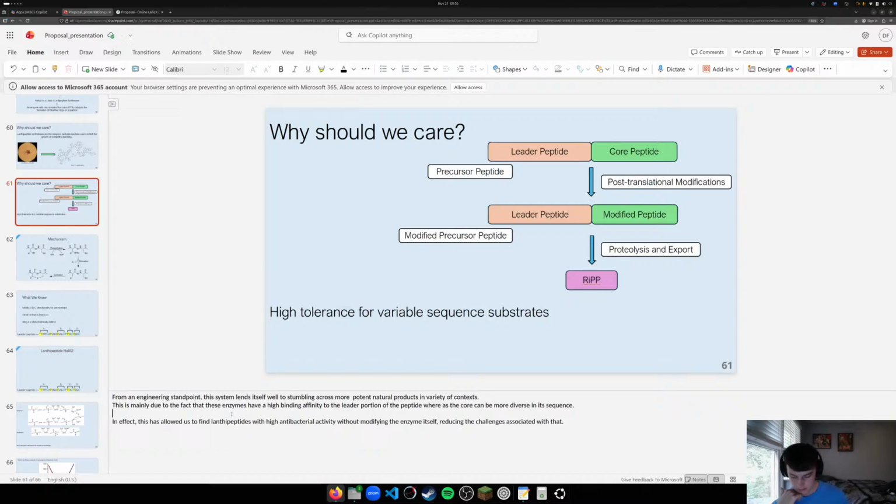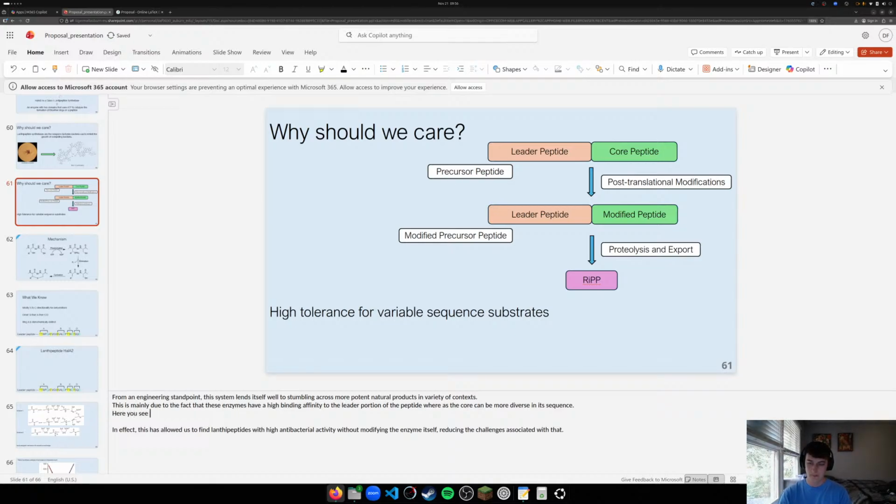All right, so from an engineering standpoint, the system lends itself well to stumbling across more potent natural products for a variety of contexts. This is mainly due to the fact that the enzymes have a high binding affinity to the leader portion of the peptide, whereas the core can be more diverse in sequence.